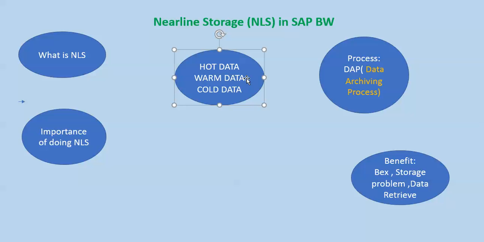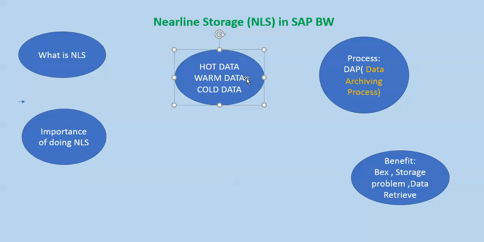I think you have now understood hot, warm and cold data. Cold data we should definitely transfer to Nearline Storage, and warm and hot data can be kept on your hard disks.